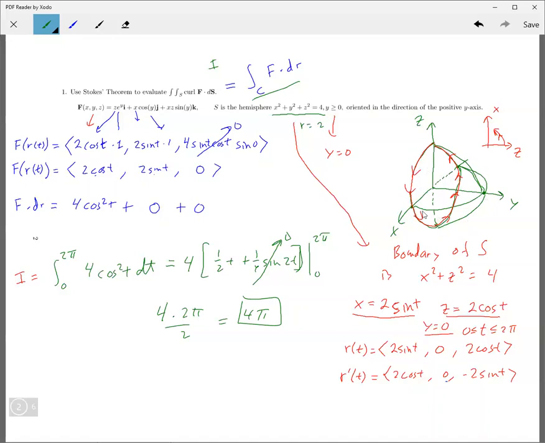If you were to deflate the balloon a bit, but still have this boundary, so the surface has changed but it still has this boundary, then the integral of the curl across the surface would still be 4 pi. So that's kind of an interesting piece of information. I'll probably mention that later. Okay, so that's using Stokes theorem this way.